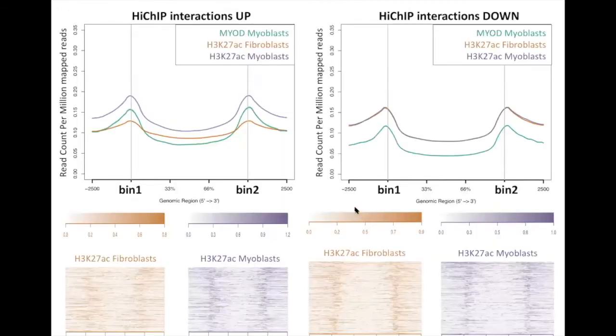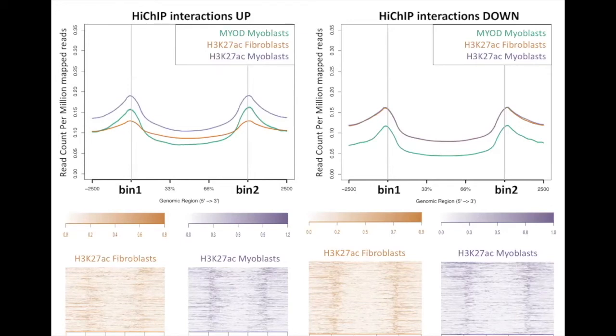And here's this representation, and you can see here a very interesting feature that could be revealed only by HiChIP. We could not come up with this immediate picture by integrating Hi-C and ChIP-seq profiles. You see here that interactions bound by MyoD and increased in their strength showed a consistent increase in H3K27 acetylation.